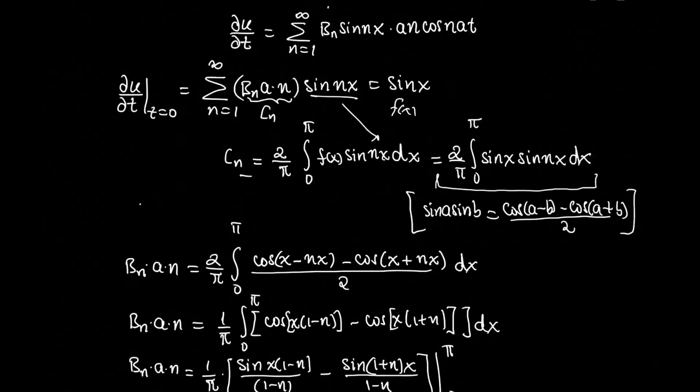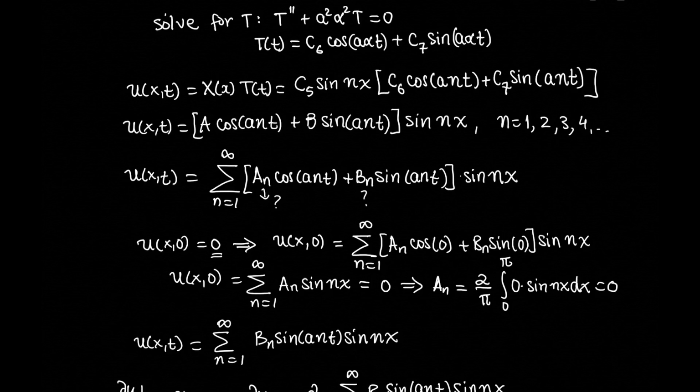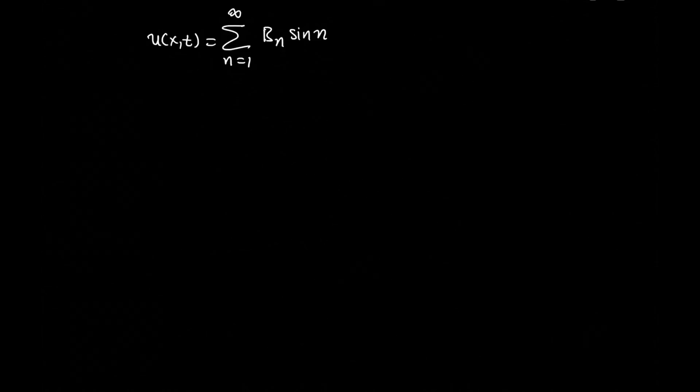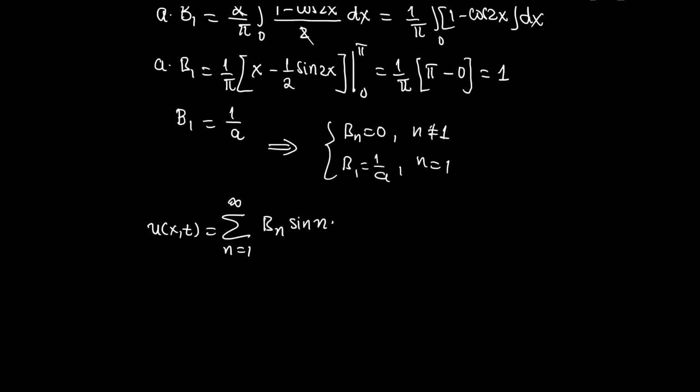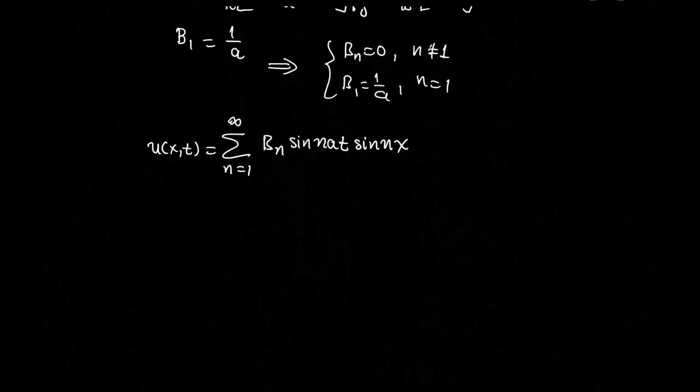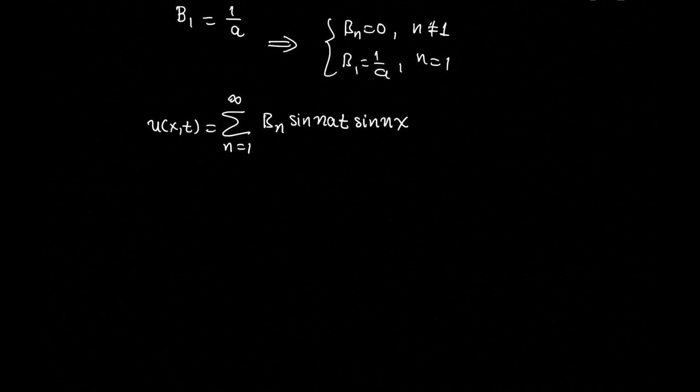Let me just go back to the general solution. u(x,t) equals summation of bn times sine of n a t times sine of nx. Like that, the general solution, where bn is given by this.